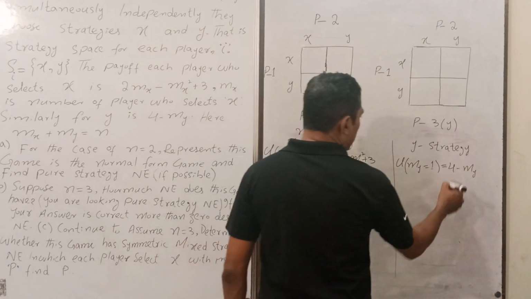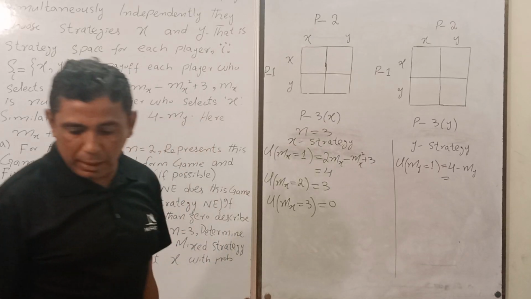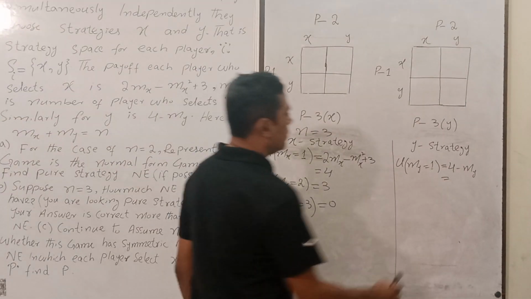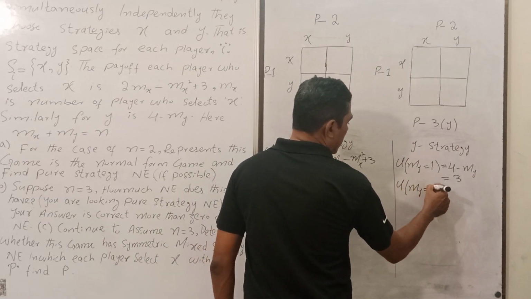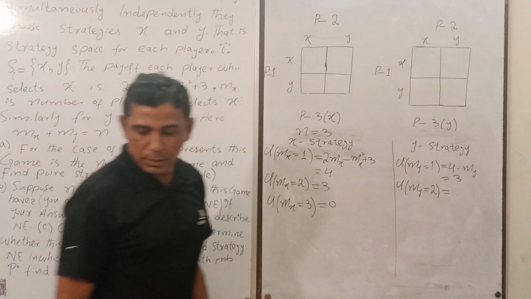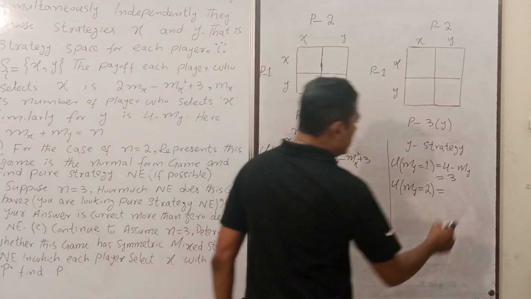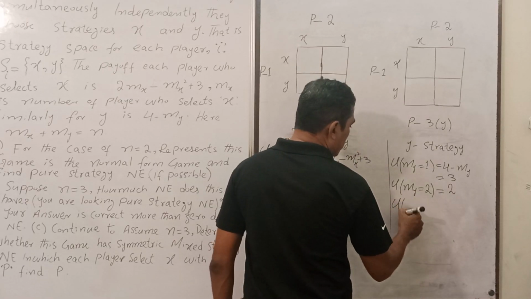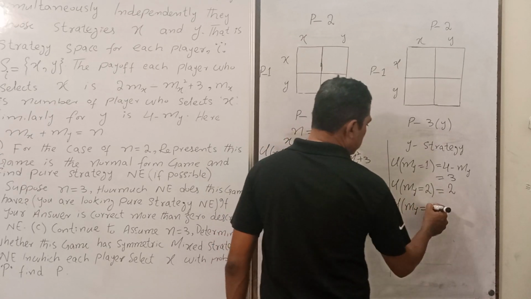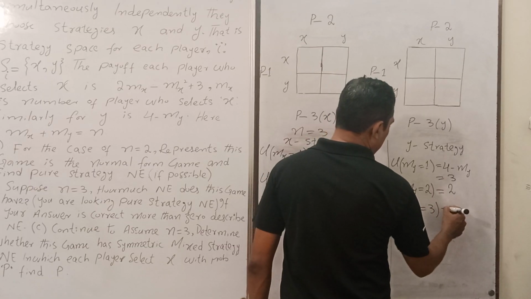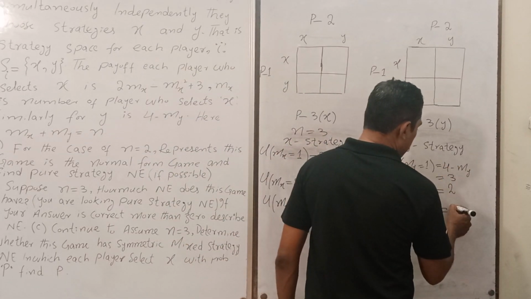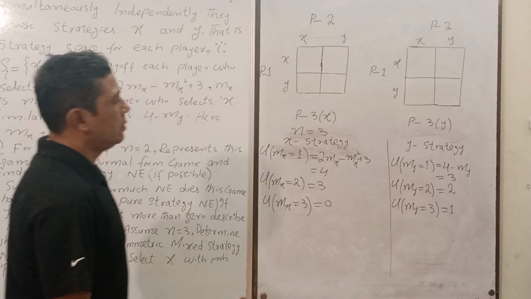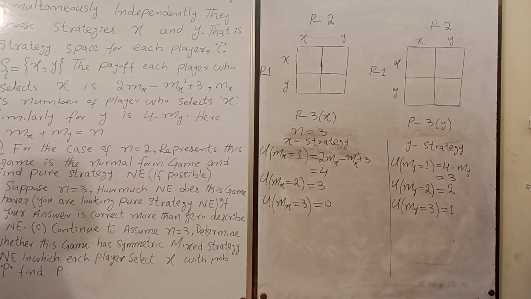It was already calculated, that was 3, and for my equal to 2, it was 2, and for my equal to 3, it was 1, 4 minus 3. Okay, you got my point. Just substitute here.